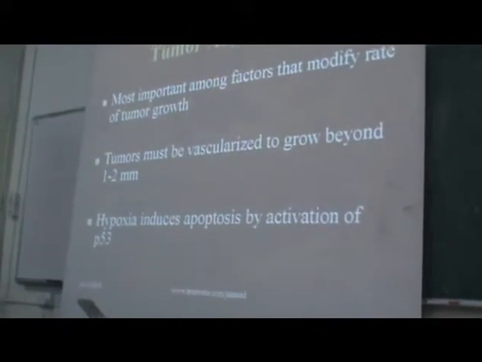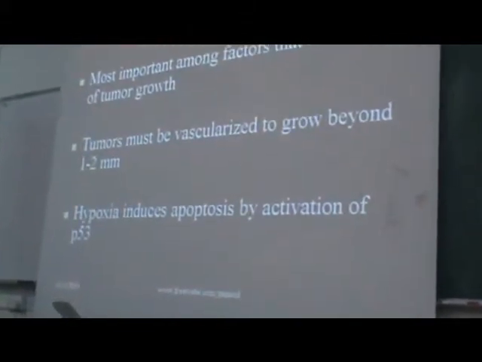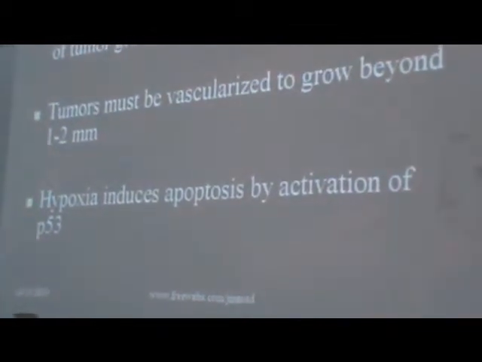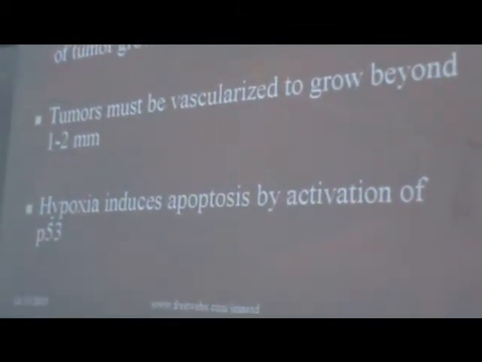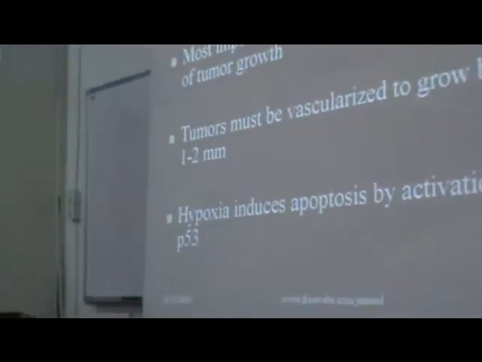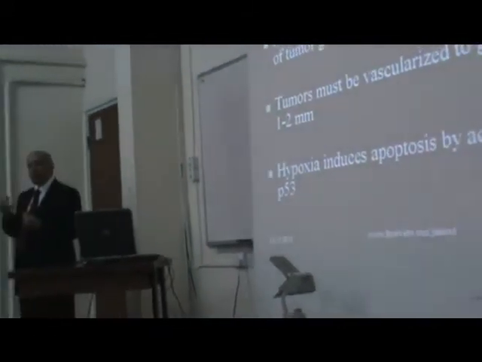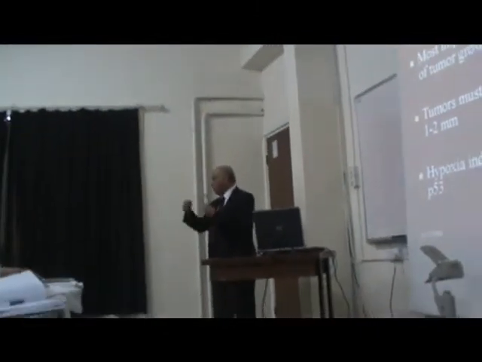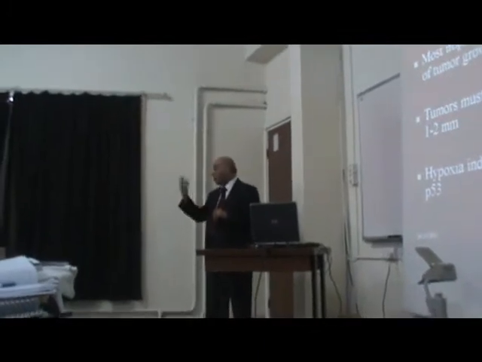If the tumor is 1 or 2 millimeters, it will probably be provided with nutrition from nearby tissue. For example, an ischemic graft, in the first 48 hours, takes nutrition from the recipient bed by imbibing of these nutrients into the cells.